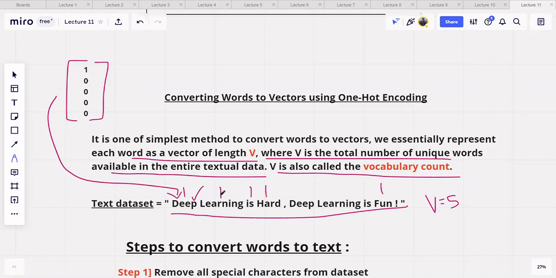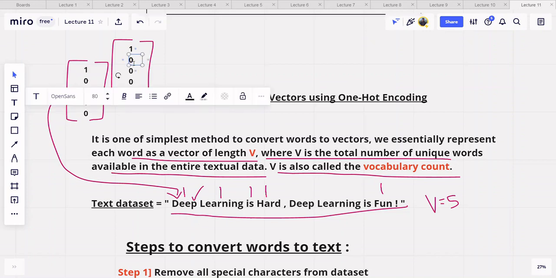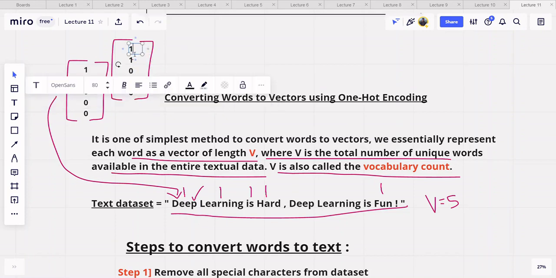Now let's do it for the word learning. We'll copy this vector. We know that the first value represents the word deep, which is why it has 1 in its first position. But the second position is learning, and we want to represent the word learning, so we'll put 1 at the second position and 0 at the first position.